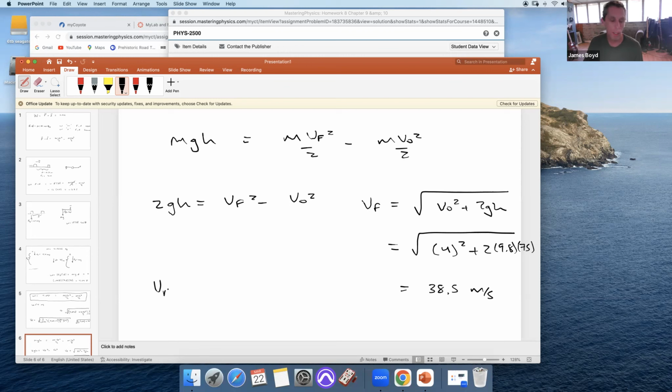Remember, free fall was V final squared minus V initial squared is equal to 2g (y final minus y initial) with a negative sign, but h is y initial minus y final. So when it falls, this would be the height minus 0, and therefore that would be h.